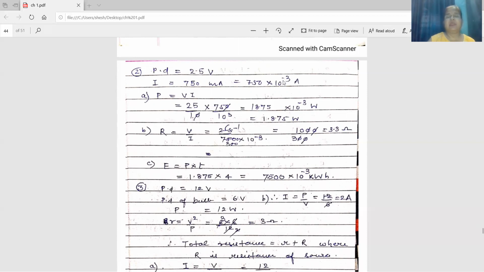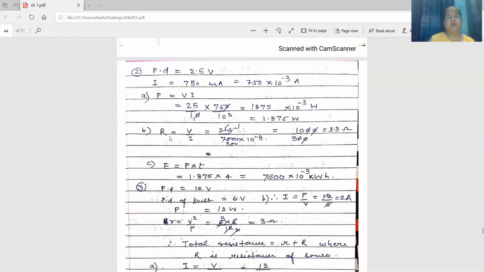Here minus 3 is there, so 10 to the power 3 you have to write in the denominator. When you calculate it, the 0 will get cancelled. Multiply 75 into 25, you get 1875. And when 10 to the power 3 comes up, it becomes 10 to the power minus 3. So you are getting 1.875 watt.